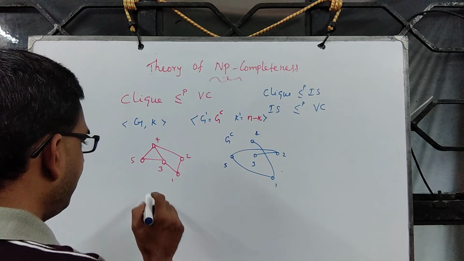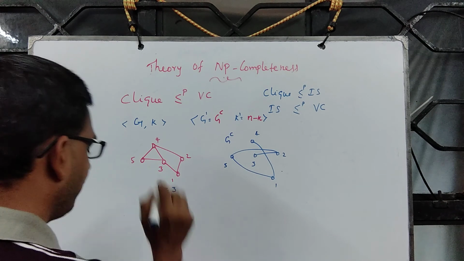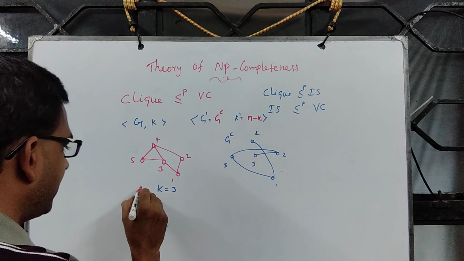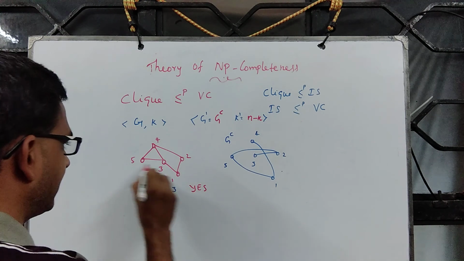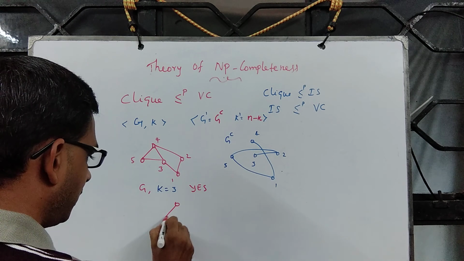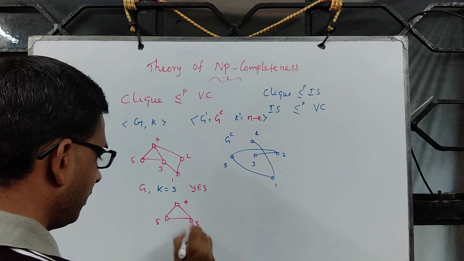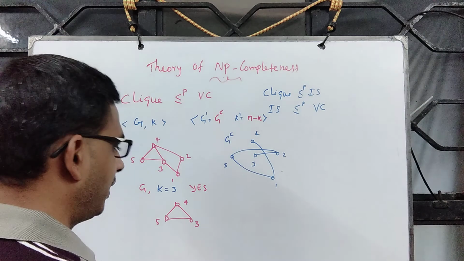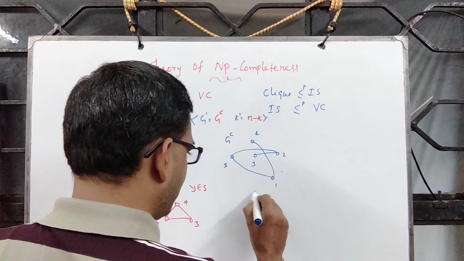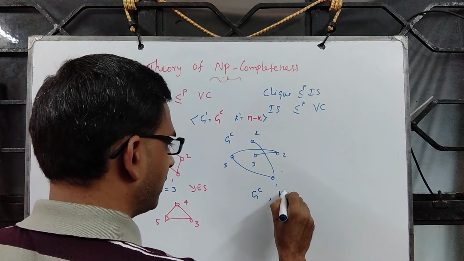Now suppose you ask for k equal to 3. G comma k equals 3 is a yes instance, because this has a clique of size 3. You see that 4, 5, 3 becomes a clique. What we say over here is, work with G complement and ask for k prime.